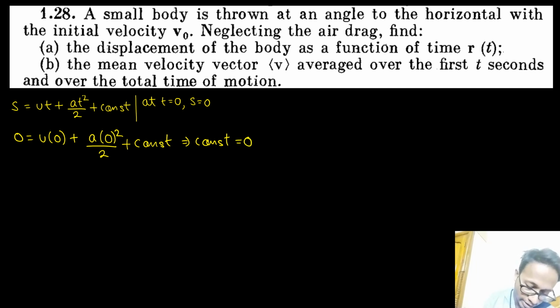So s is equal to ut plus half at square plus 0. This is the second formula.